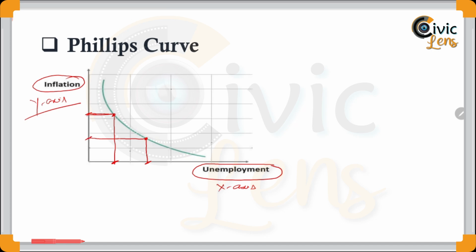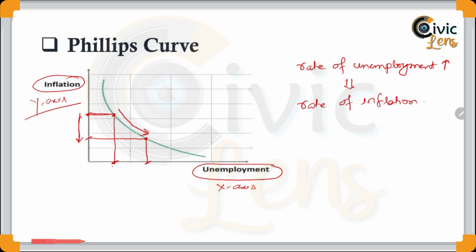So as you can see, as we move from this point to this point on the curve, the rate of unemployment has increased. But simultaneously, the rate of inflation has come down. So when the rate of unemployment increased, the rate of inflation decreased.